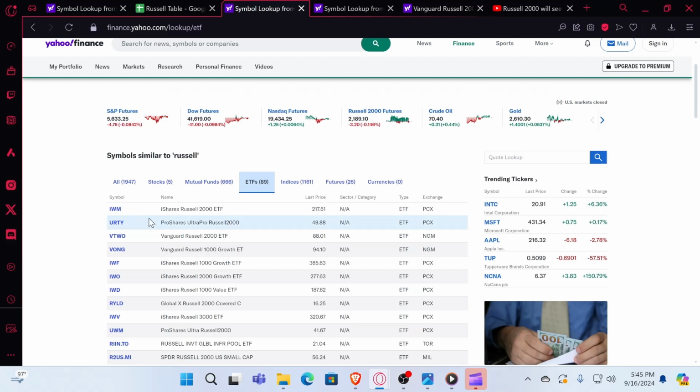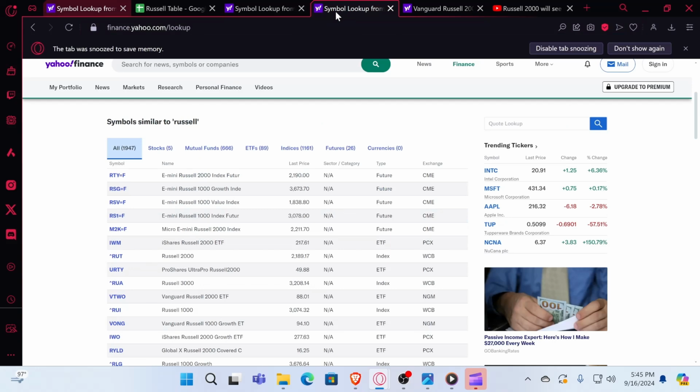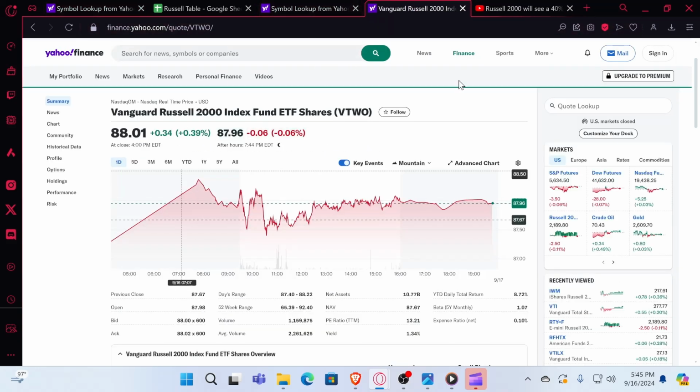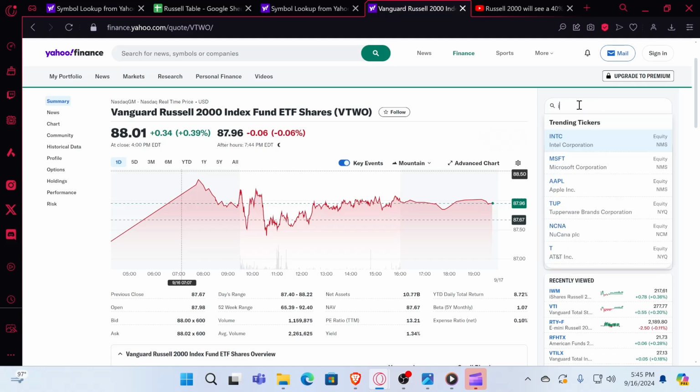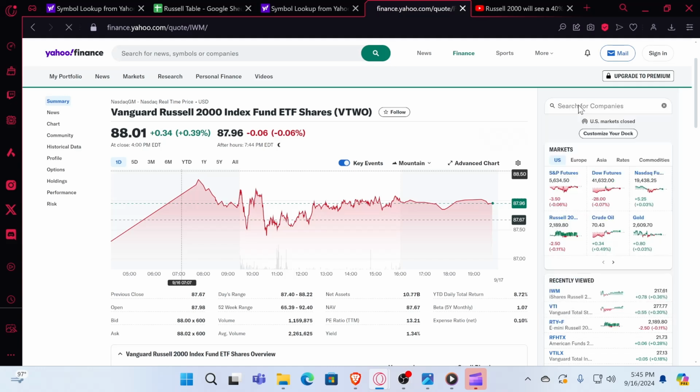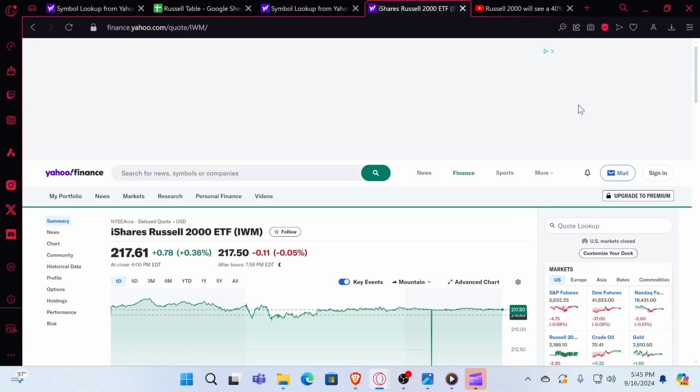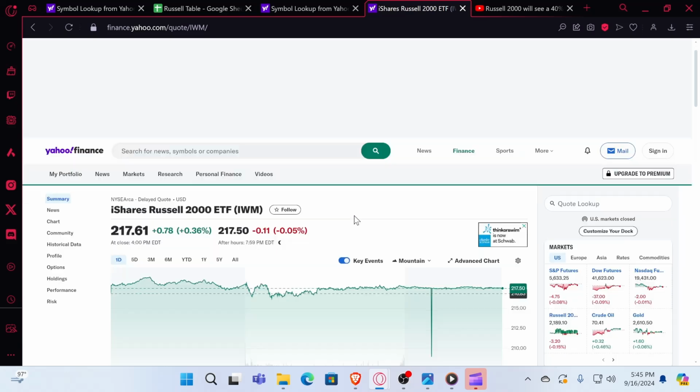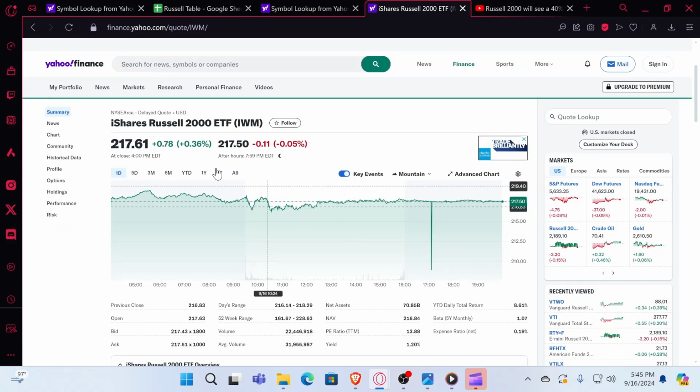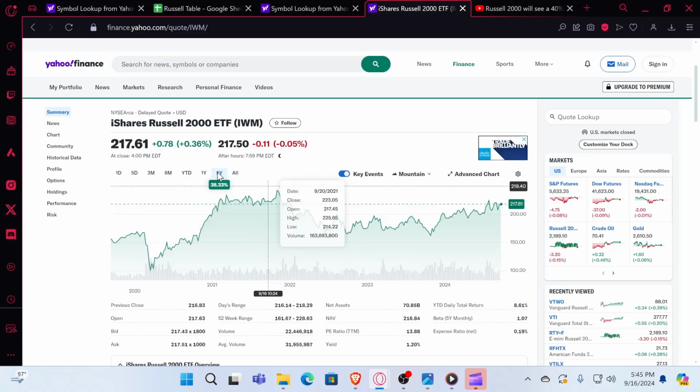So let's pull up IWM. IWM, the iShares, gives us a Russell 2000 exposure very cheaply. You can see some of the metrics of it. Here's the 5-year chart.